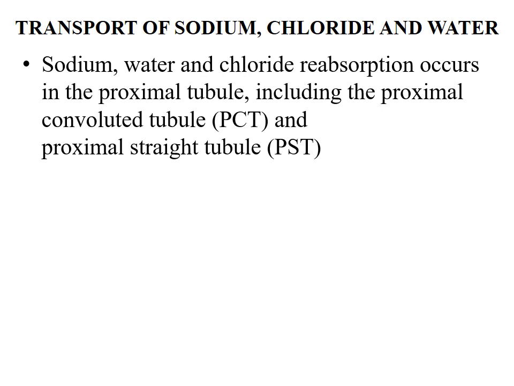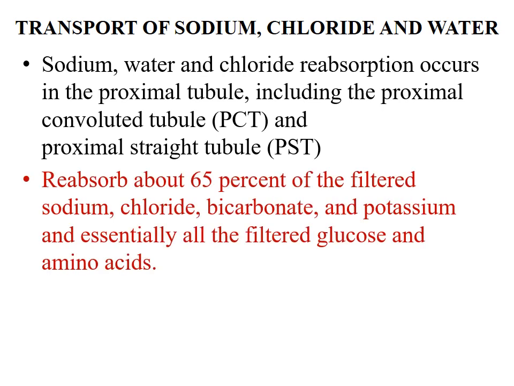Both of these, PCT and PST, are together known as the proximal tubule. 65% of the sodium, chloride, bicarbonate and potassium will be absorbed in this phase, and 100% reabsorption of glucose will take place.